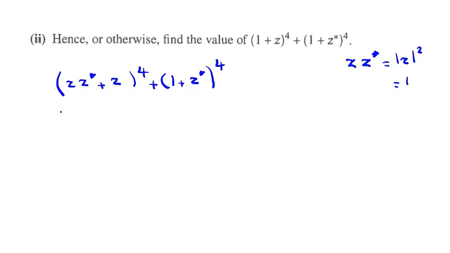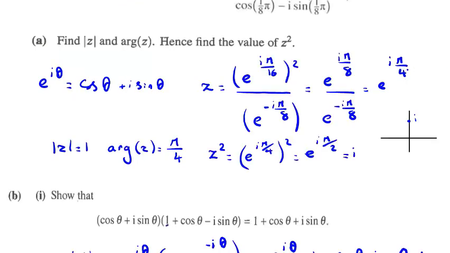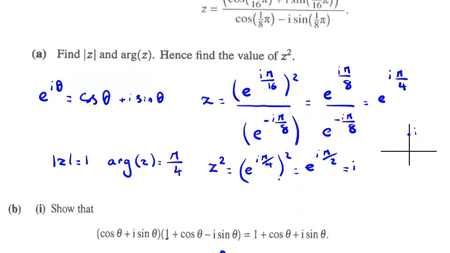Here we factor from z, it will be z to the power of 4, z conjugate plus 1 to the power of 4 plus 1 plus conjugate of z to the power of 4. And we factor z conjugate plus 1 to the power of 4 times z to the power of 4 plus 1.